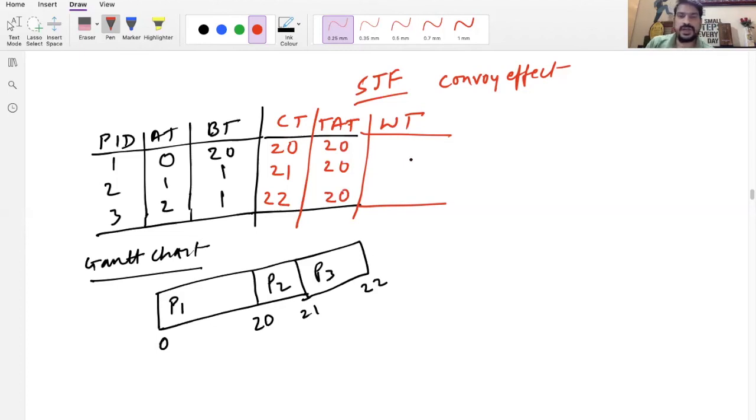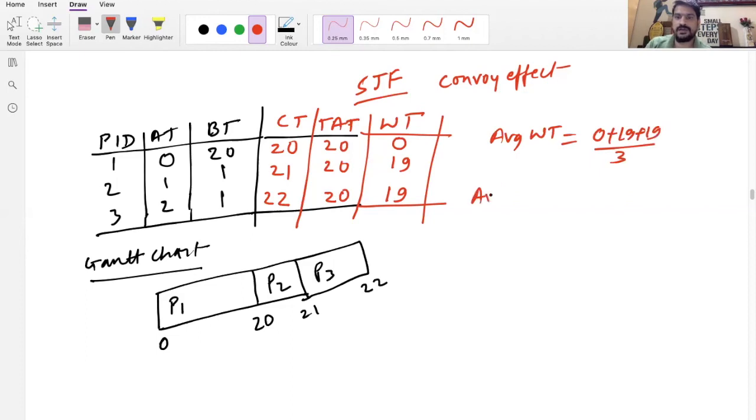Okay, let's go to the waiting time. The waiting time here is turnaround time minus burst time. So it is 0, then 20 minus 1, which is 19, and here also 20 minus 1, which is 19. So what is the average waiting time? It is 0 plus 19 plus 19 divided by 3.